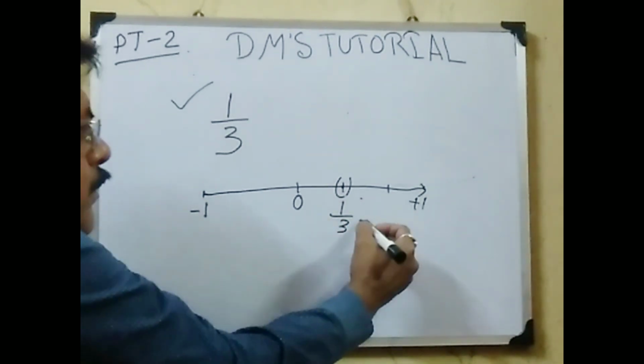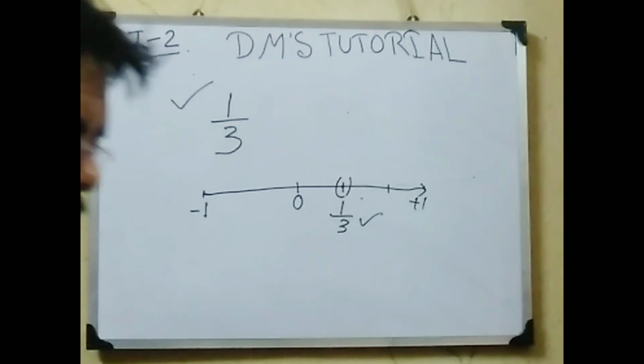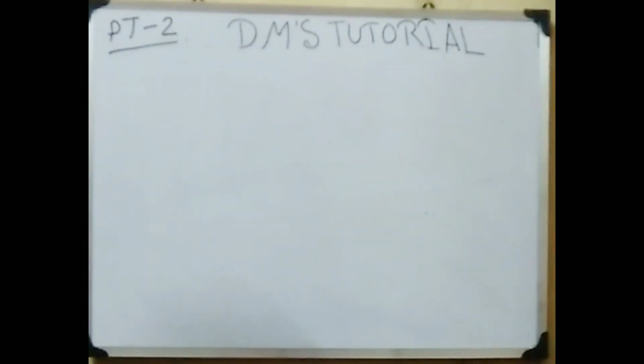Okay, this is the process of how to put a rational number on the number line. Now we have to find rational numbers in a series presented in a particular pattern.